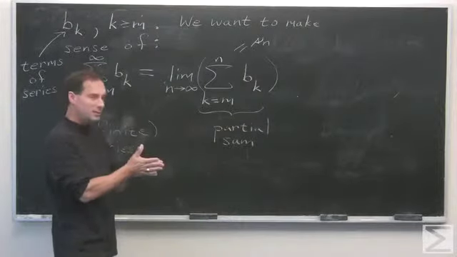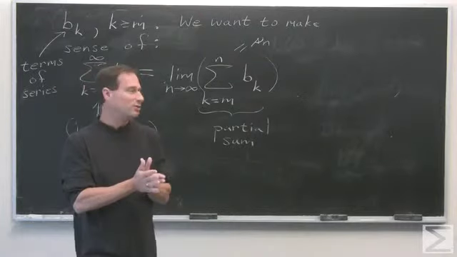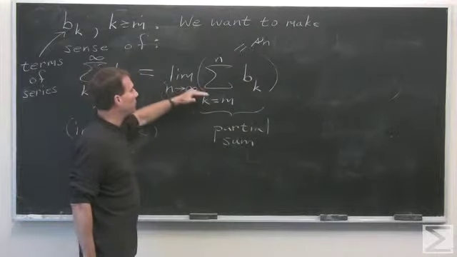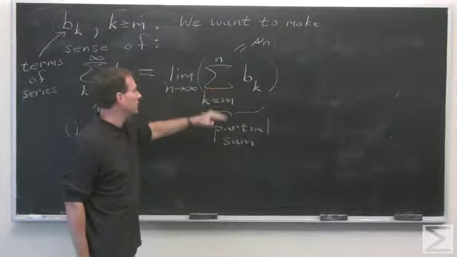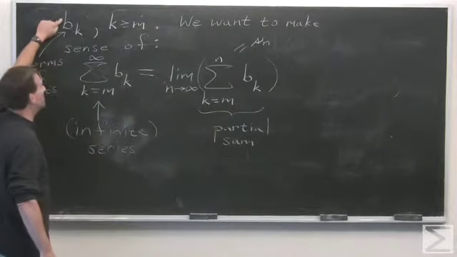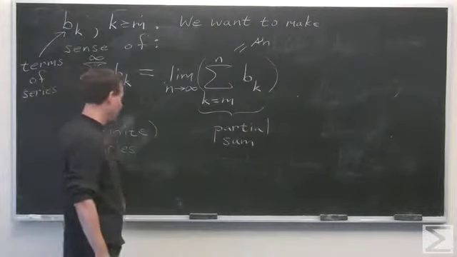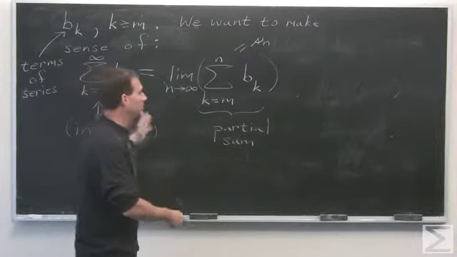Whether the series, the infinite sum, converges or not is a question of whether the limit of the partial sums converges. It is not a question of whether the b sub k converge. Certainly the b sub k could converge and the infinite sum could diverge.